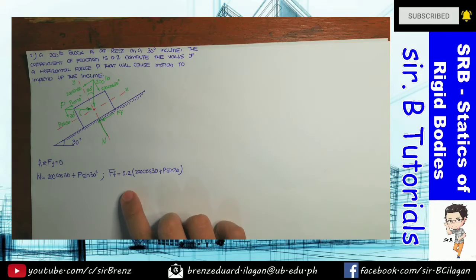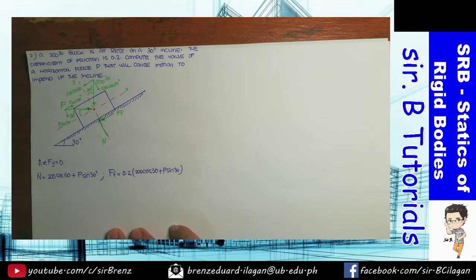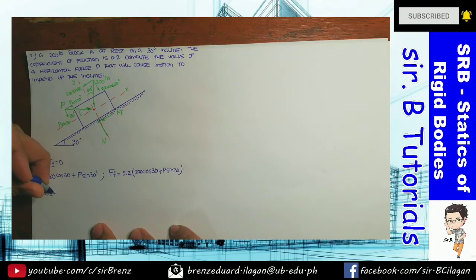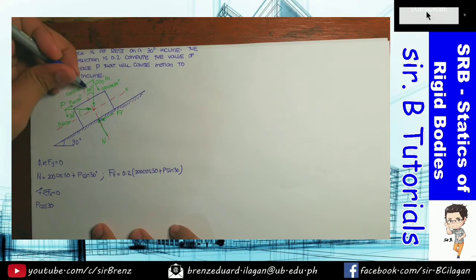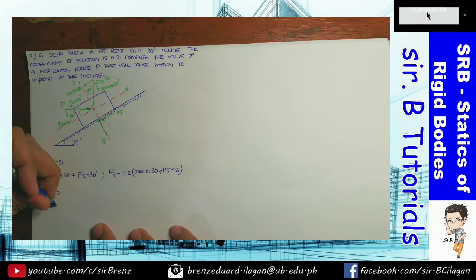With that, we take the summation of forces in X. Assuming this direction as positive, the summation of forces X equals 0. So we have here P cosine 30, and then the X component of the 200, which I'll transpose to the other side: 200 sine 30.